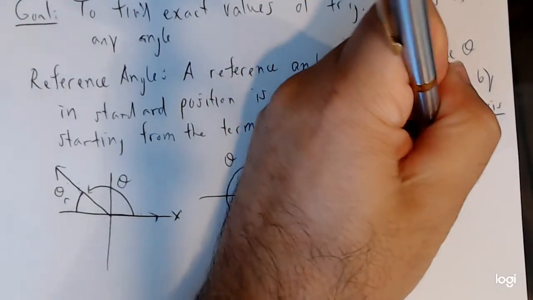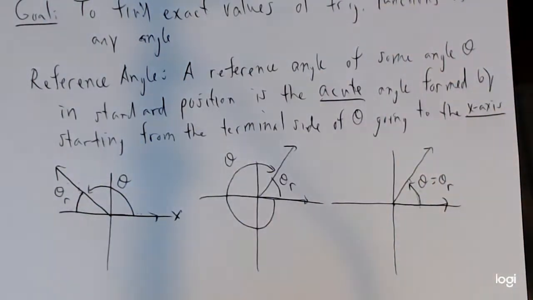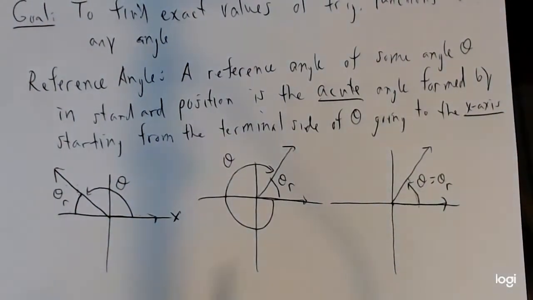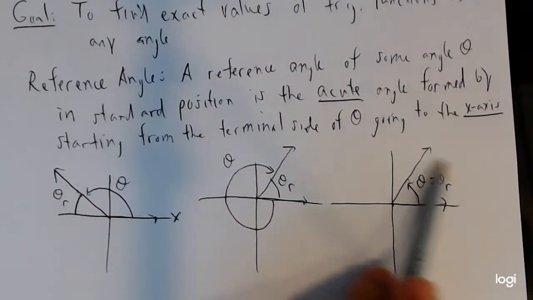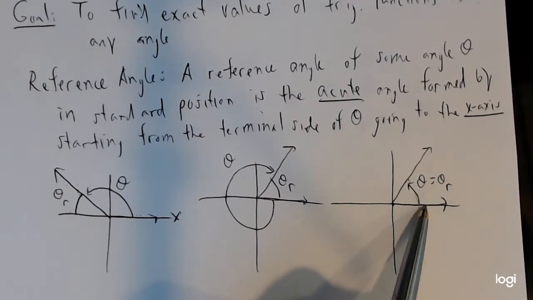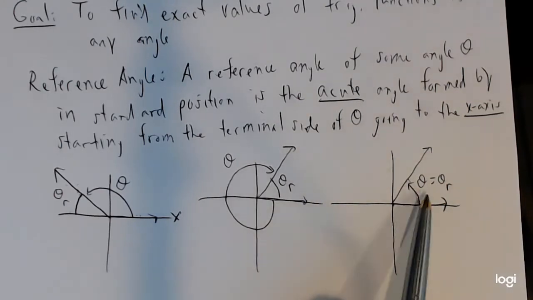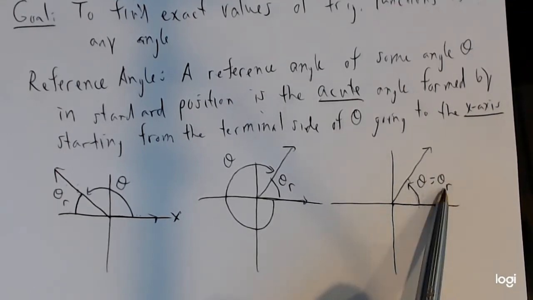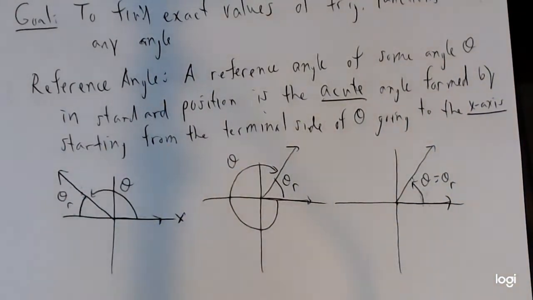So it's the same thing as theta sub r. This is why in section 1 we didn't talk about reference angles, because all the angles we dealt with were in quadrant 1, and as long as your angle is acute, then your reference angle is going to be the same thing, right? So just keep that in mind.